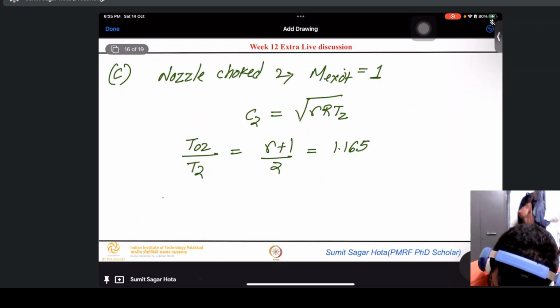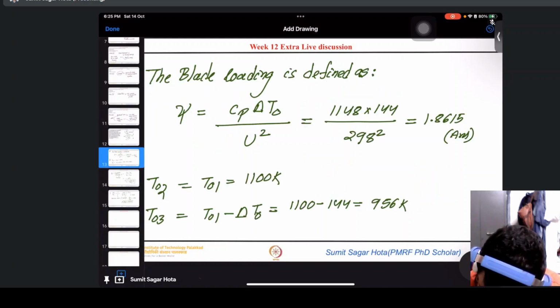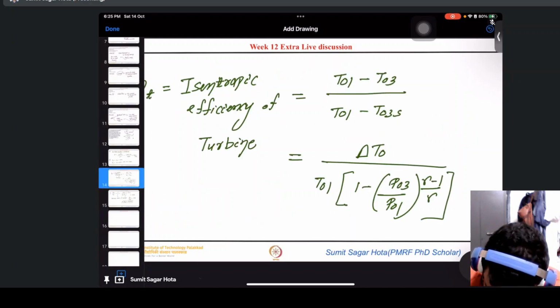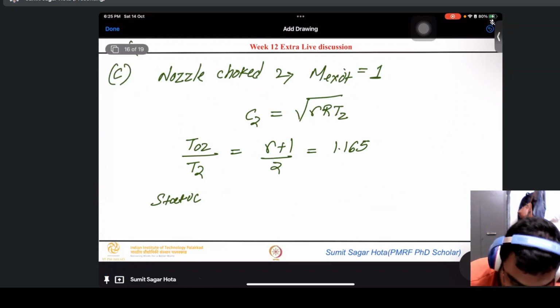Okay, so the static temperature is what? Already there, T2, I think we find out. T2 already you see. T02 is 1100 Kelvin. But if you know the ratio of T02 by what? T2, just put the T02, 1100 Kelvin. This you know.